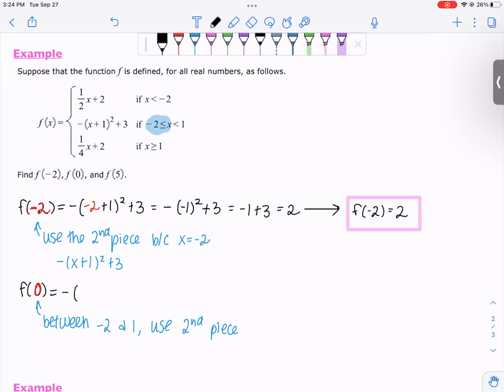So we have -0 plus 1, quantity squared, plus 3. This will come out to be -1 plus 3. This is 2. f of 0 is equal to 2.